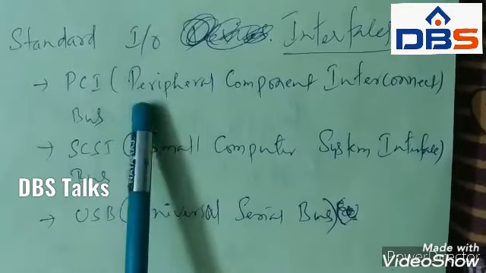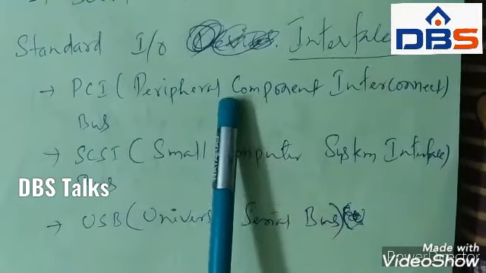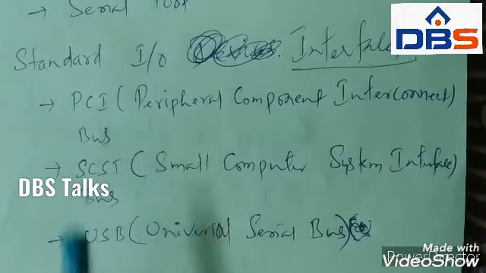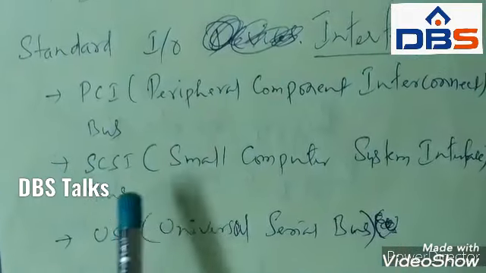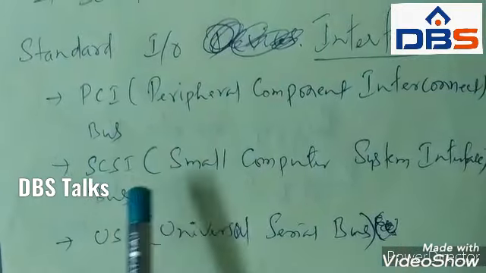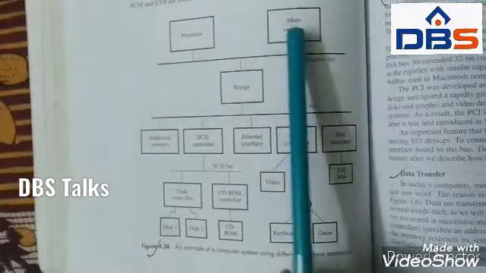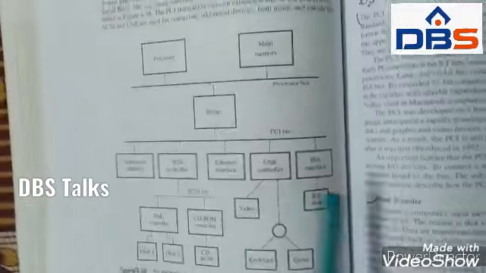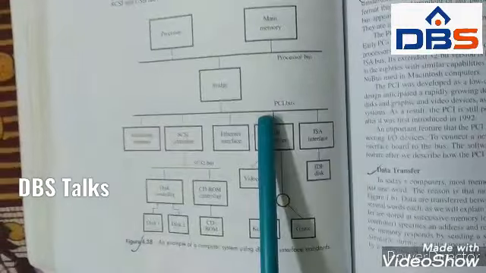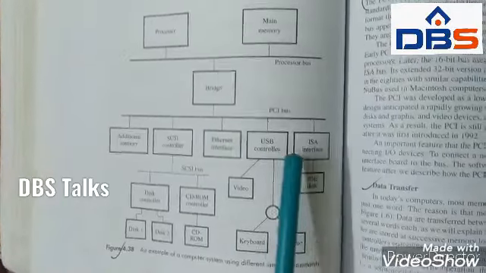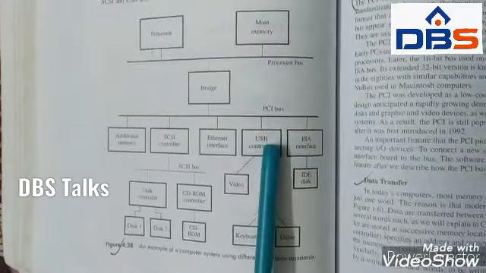Now coming to this one, this is Peripheral Component Interconnect, and in that these two are also available. The first one is the parallel port based, and this is the serial port based. This is the standard diagram, which includes the PCI bus, SCSI controllers and USB controllers.